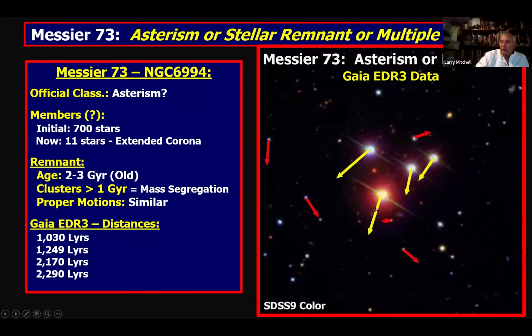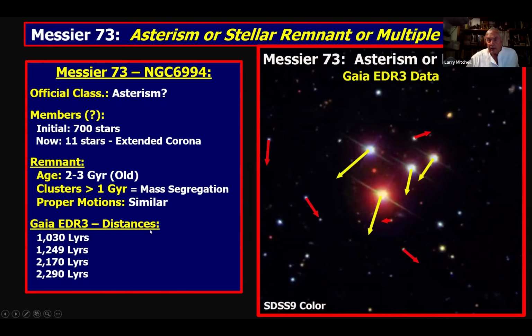The proper motions are similar enough that I feel like maybe this could be what we call a stellar remnant. A stellar remnant is a once large open cluster that all of the members have been cast away, except the denser, the more massive objects, which tend to sink to the center of the cluster. They are the only objects that are remaining of what was a much larger open cluster of stars.